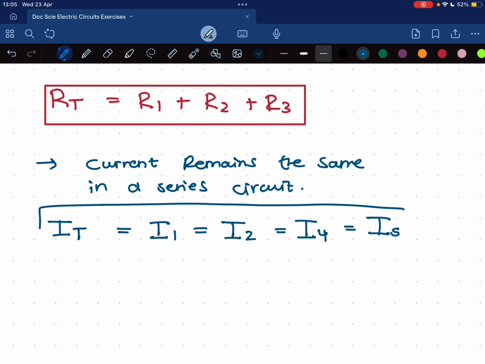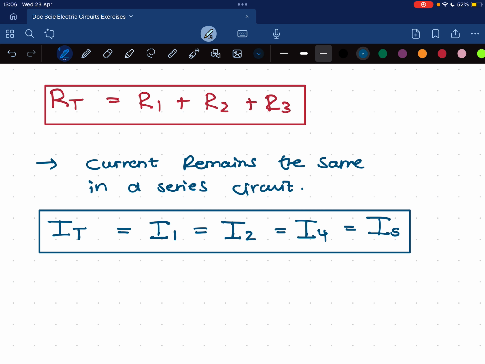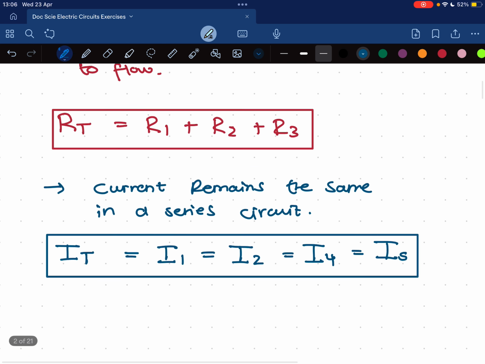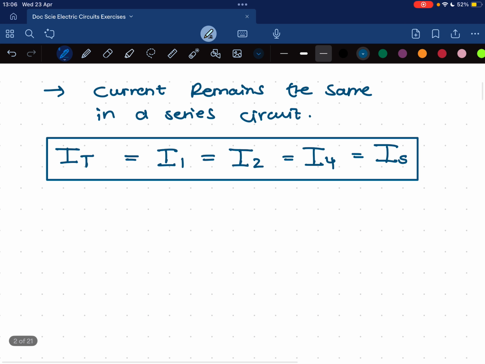So if you take an ammeter, which measures current, and you put it here, it will be the same as the current here, and the same as the current here, and so that doesn't change. So the total current is equal everywhere.